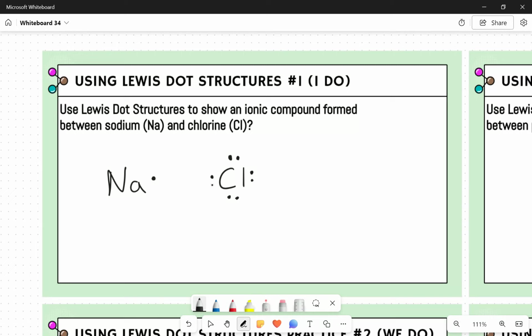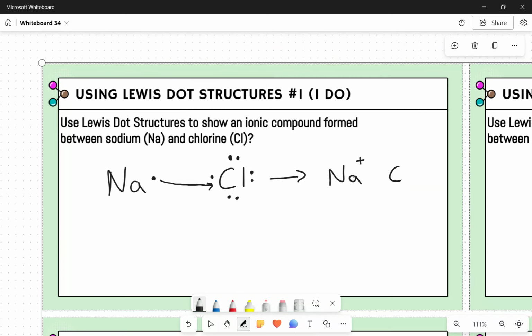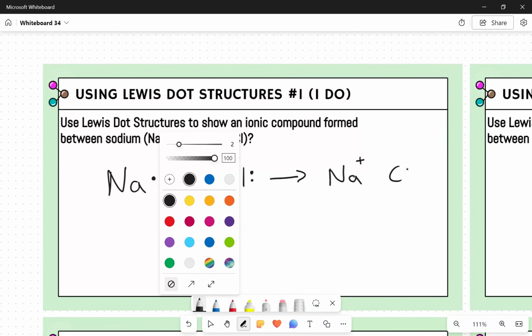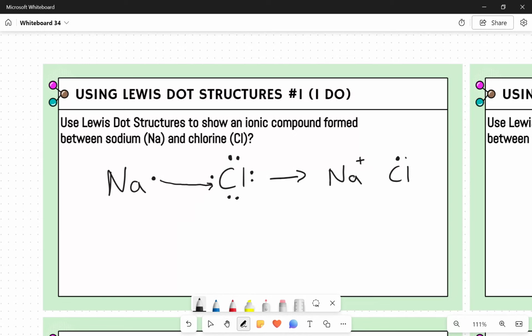Now, chlorine has an open spot for a valence electron. Sodium wants to lose its valence electron, so this electron is going to go right here on chlorine. And as a result of this, after the reaction is done, what we're going to end up with is a sodium, which has a positive charge, and a chlorine, which now has 8 valence electrons around it.